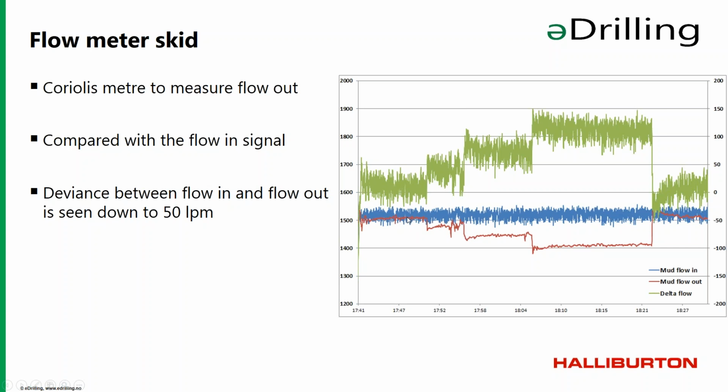The red is flow out, the blue is flow in. Already here you see a small deviance between them. This is 50 litres, about 70 litres, 100 litres. You then change the bottom hole pressure set point, and the flow in and flow out measurements are accurate again.